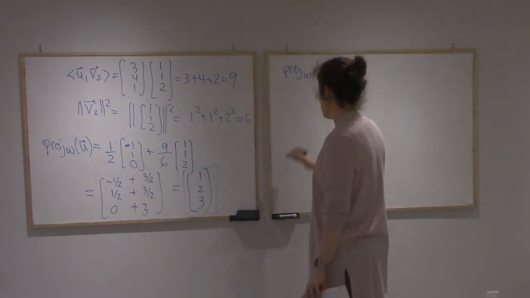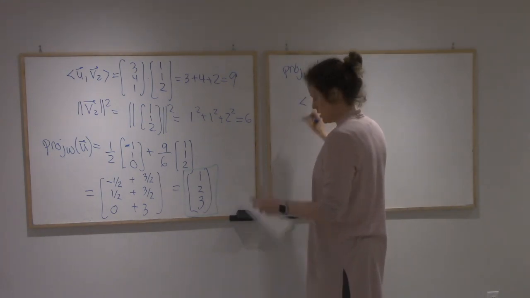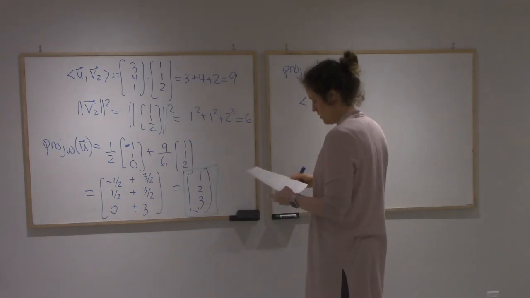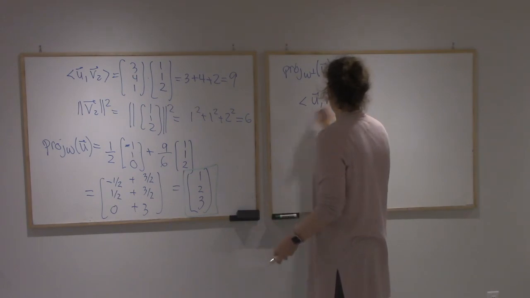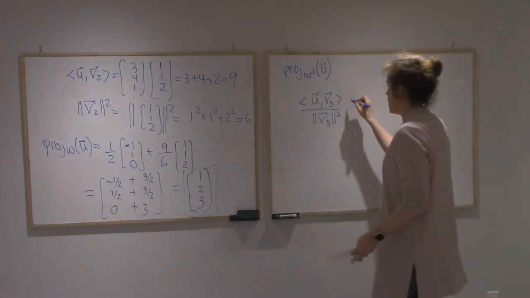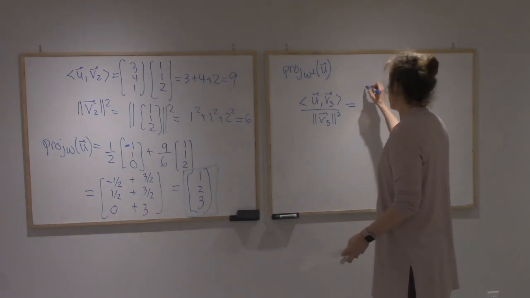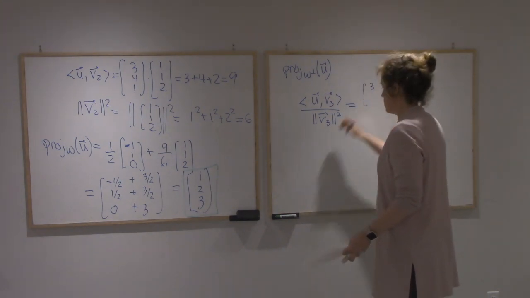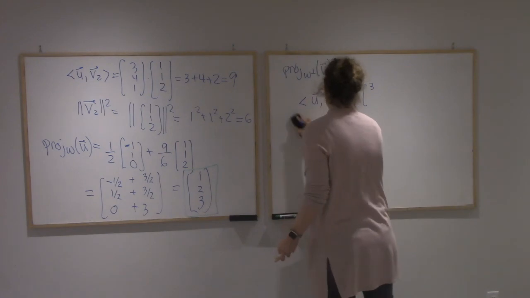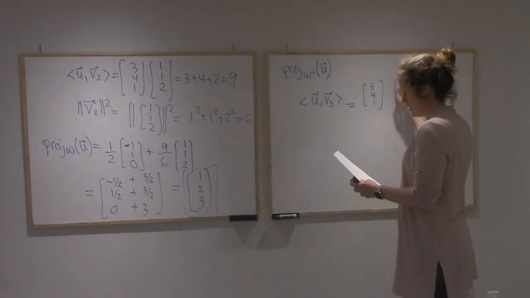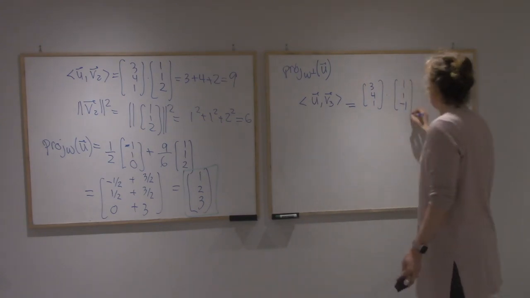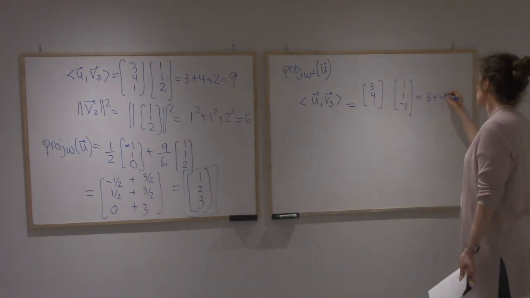Alright, so I need, let's call it V3, so U dot V3, over the length of V3 squared. U is 3, 4, 1, and V3 was 1, 1, minus 1. So I get 3 plus 4 minus 1, I get 6.